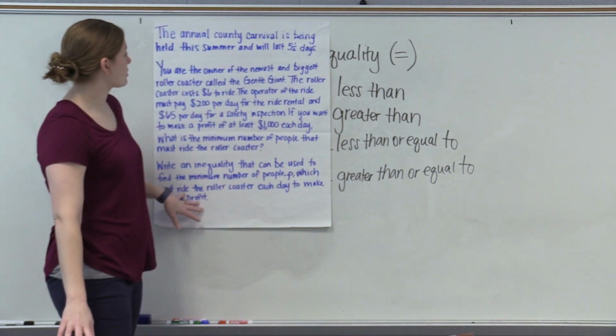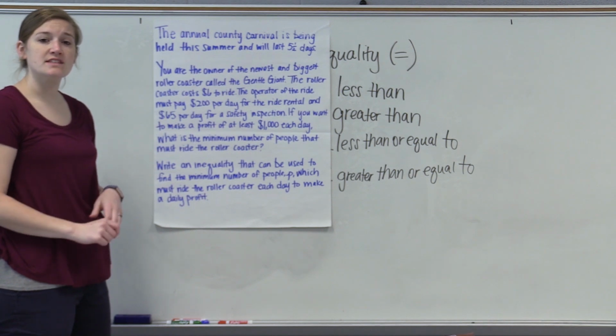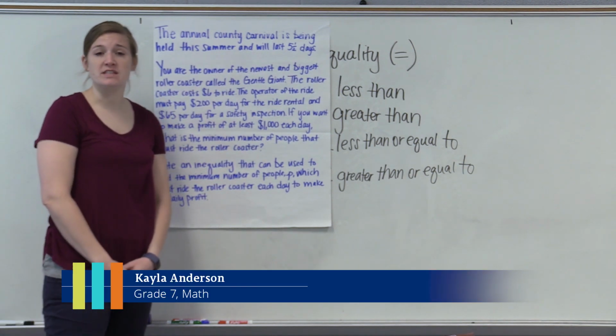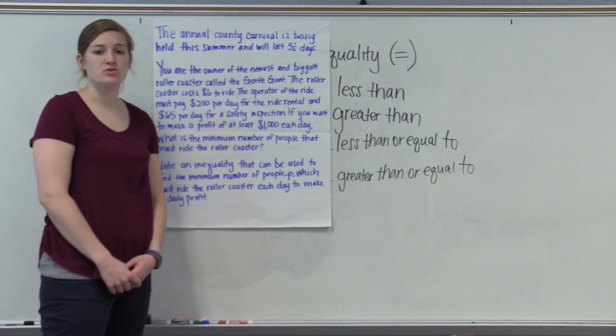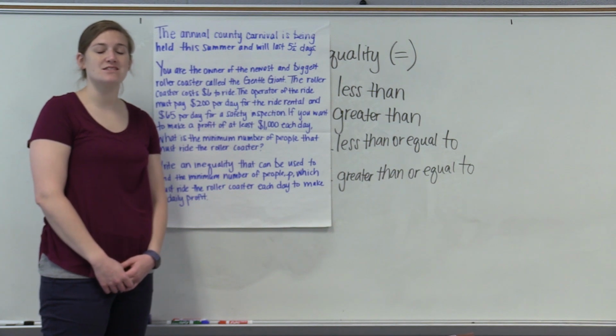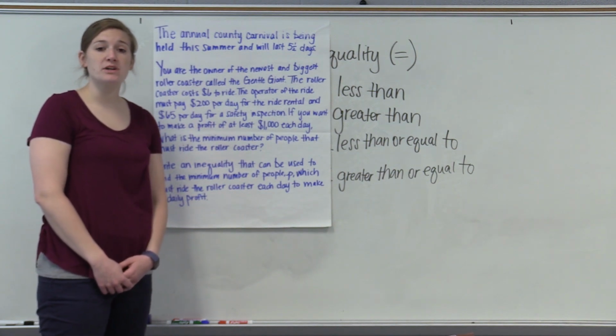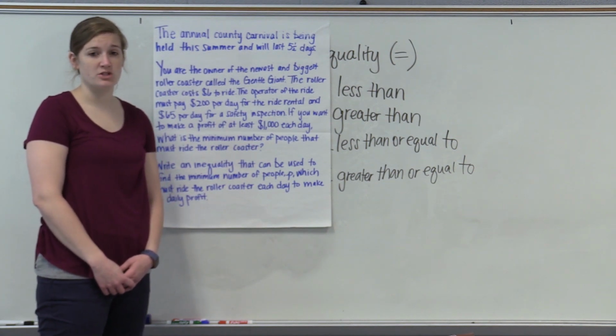The annual county carnival is being held this summer and it will last 5.5 days. Use this information and the other given information to answer each problem. You are the owner of the biggest and newest roller coaster called the Gentle Giant. The roller coaster costs $6 to ride. The operator of the ride must pay $200 per day for the ride rental and $65 per day for a safety inspection.